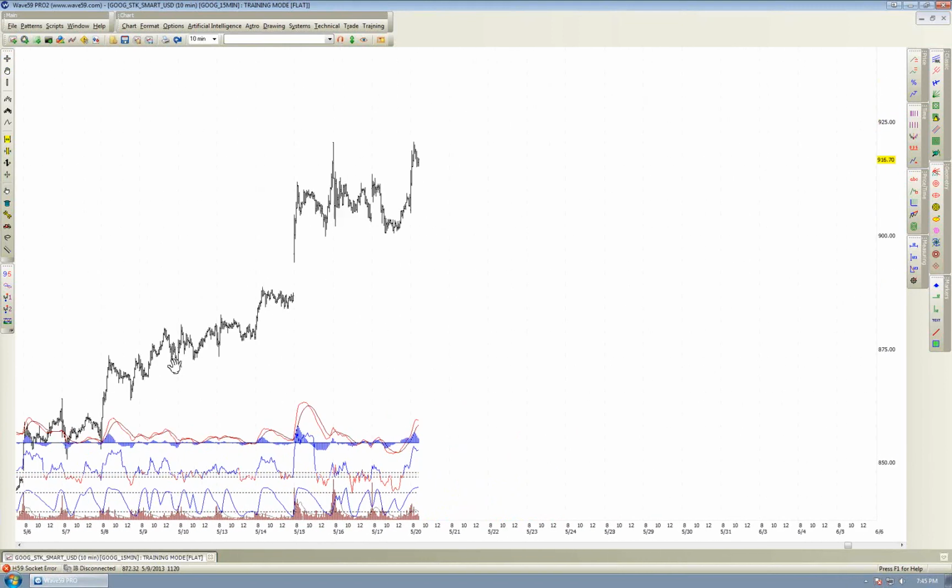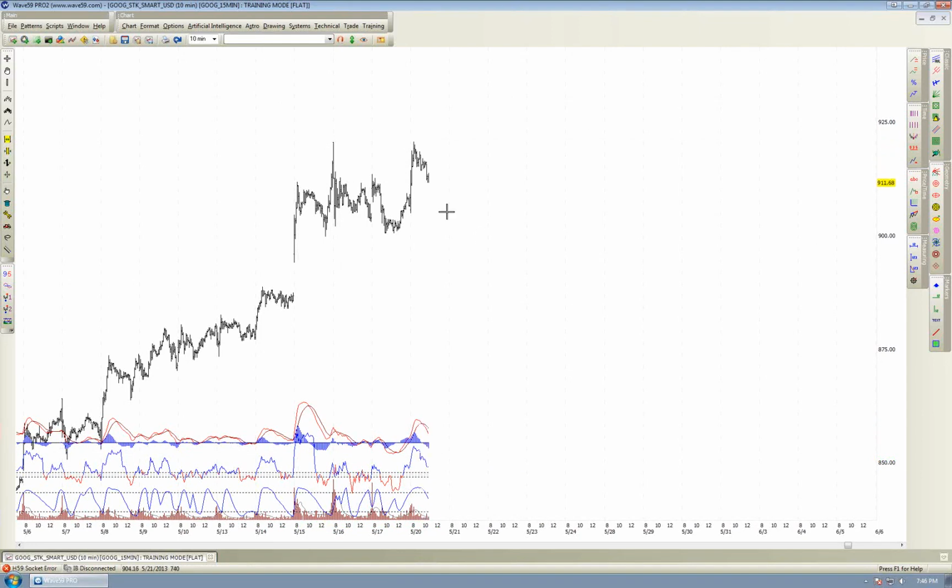And we have come to a potential turning point. You can see here that we have some nice negative divergence forming on the MACD. The rate of change shows that price is losing momentum as well as showing some divergence. Divergence obviously between this price high here and these two price highs.